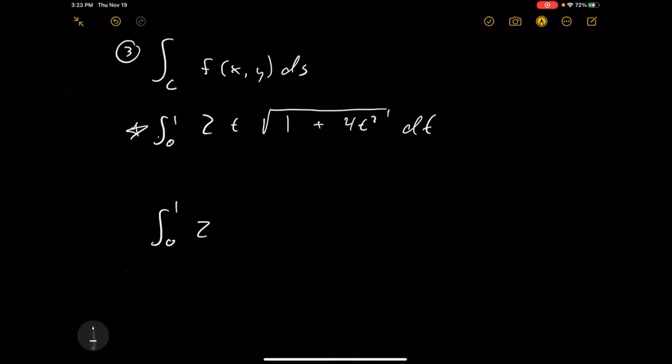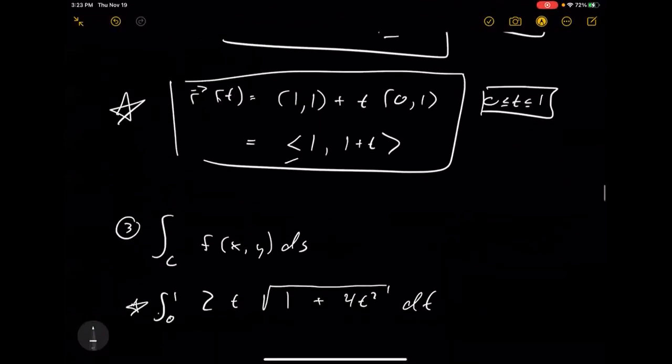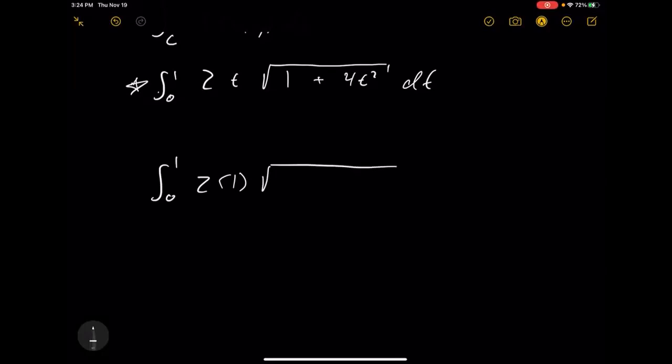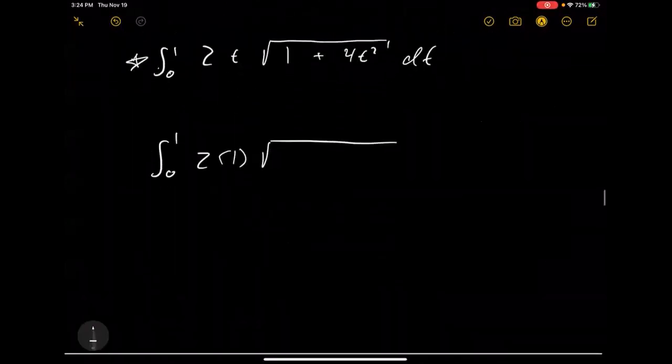2x. And again, I'm replacing x with my x of t. Well, what's my x of t in this case? It's just the number 1. Now I need my dx/dt squared plus dy/dt squared. Well, what's my dx/dt in this case? Well, x of t is 1, so dx/dt is 0.